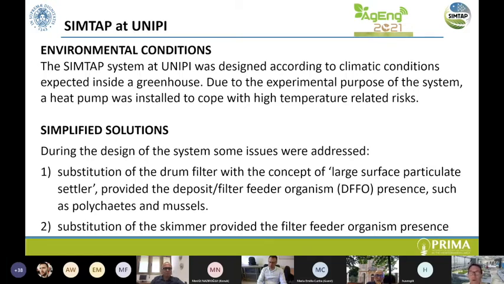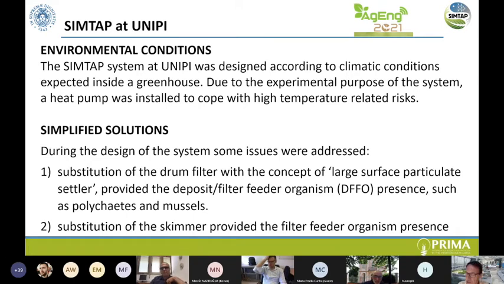Our main concern, as it is a research project, is to cope with high temperature related risks. So we also installed a heat pump to control the water temperature. Of course, it's very costly, but we have to test this very extreme location for an IMTA system.